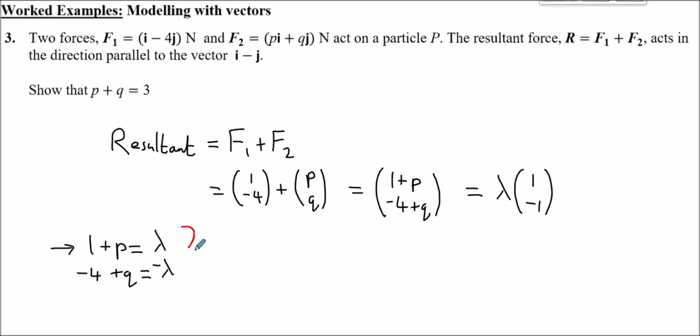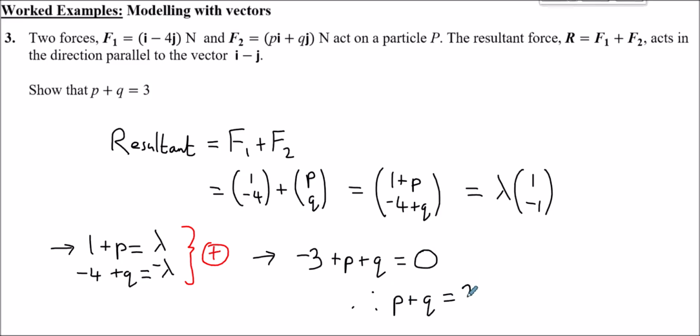If we now add these two simultaneous equations together, we get 1 plus minus 4, which is minus 3, plus p plus q, equals lambda plus minus lambda, which is 0. If we now add 3 to both sides, we see that p plus q must therefore equal 3. The question, remember, wasn't to solve what p and q were, so just read it carefully. We just needed to show this, and we have done so.